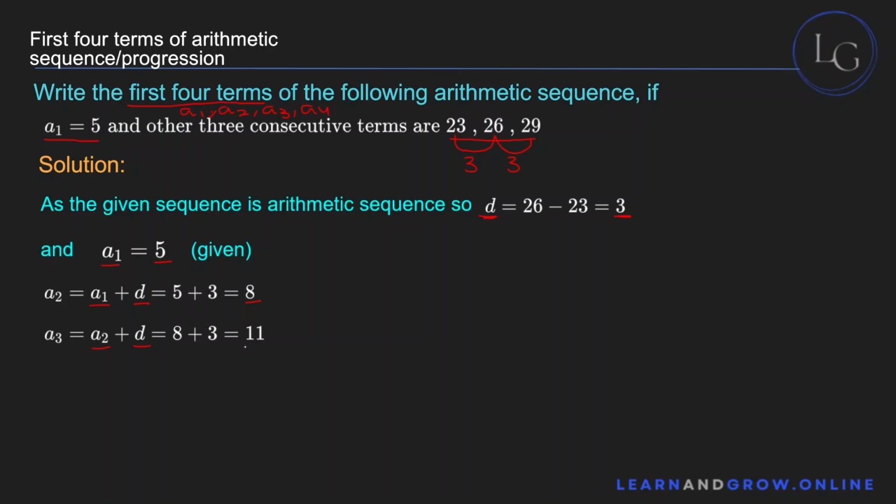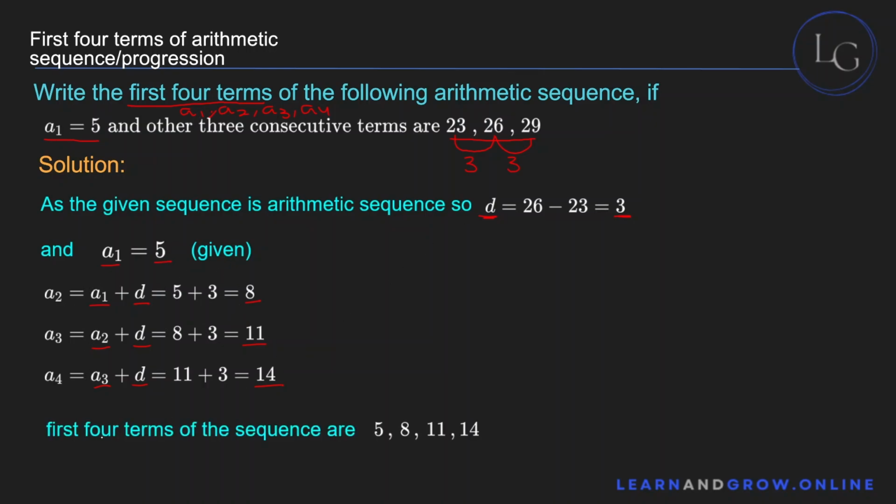So that's 8 plus 3, and that is 11. a4 is the consecutive term after a3. So a4 is equal to a3 plus d, and that is equal to 11 plus 3, so 14. Now we have a1, a2, a3, and a4. 5, 8, 11, and 14. So these are the first four terms of the sequence given to us.